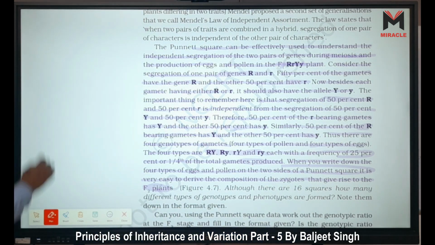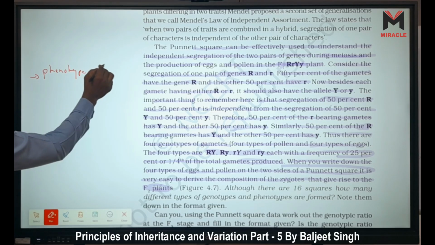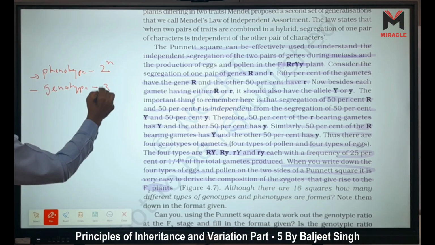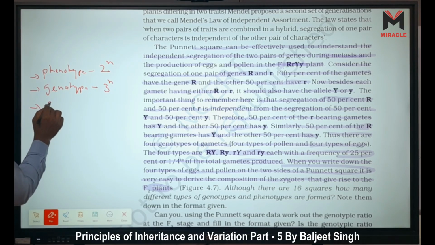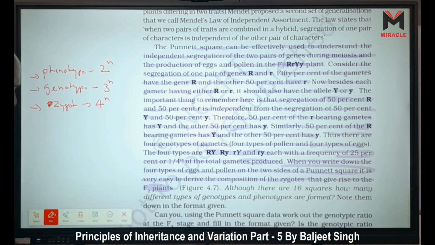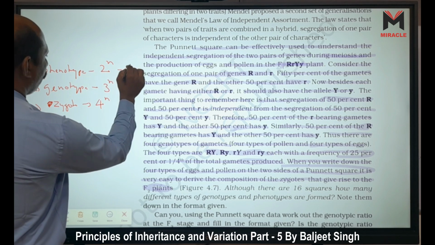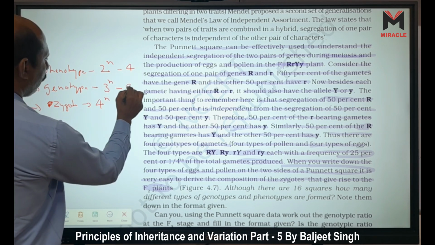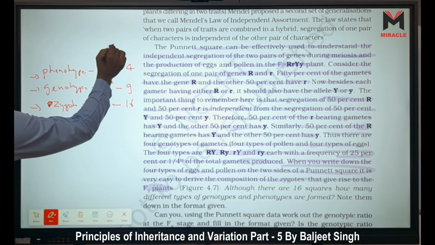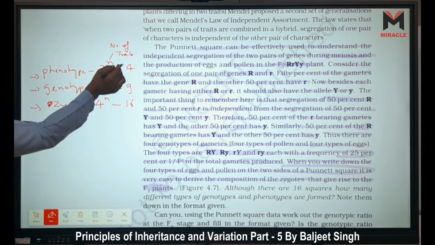I already told you, for phenotype we use 2 to the power n, for genotype we use 3 to the power n, and for zygote we use 4 to the power n. In a dihybrid cross, we know there are 4 phenotypes, 9 genotypes, and 16 zygotes, simply because this n indicates the number of traits, and in a dihybrid it is 2.